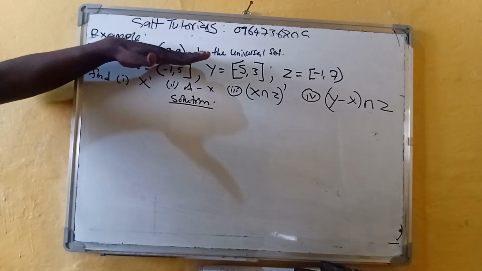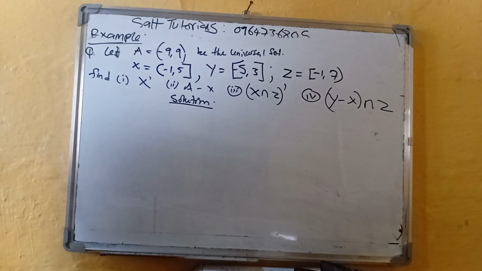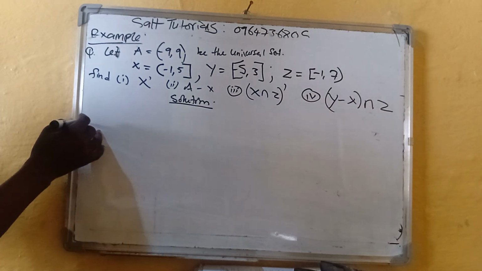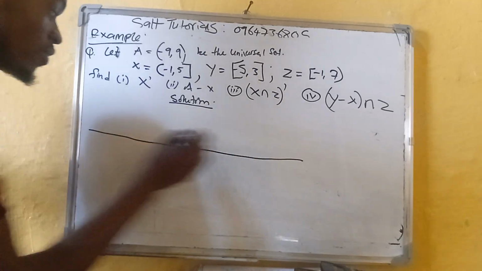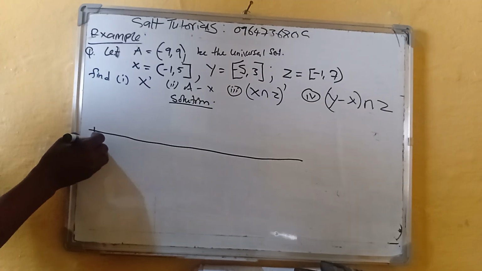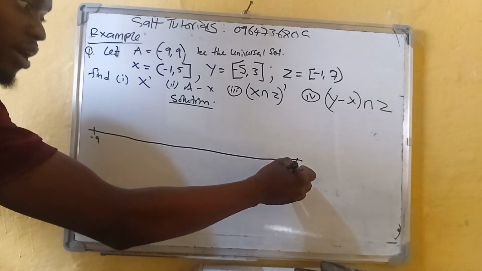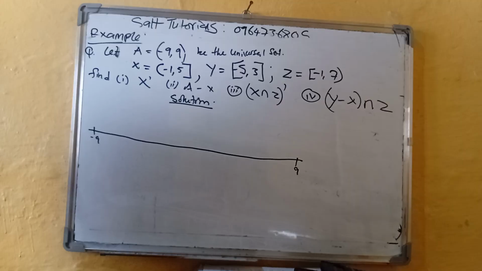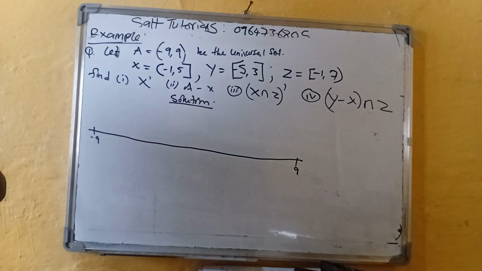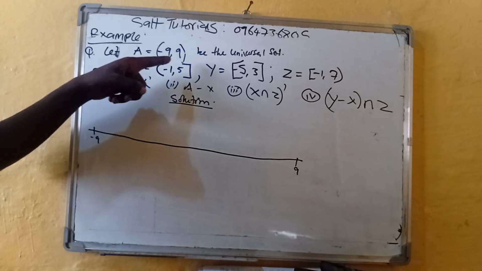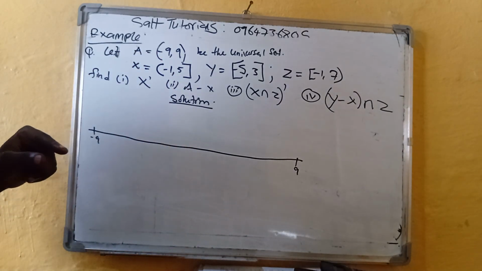All the values should be limited to this interval. So my real number line is going to be from negative 9 to positive 9. That's my universal set, because the universal here is basically A. In the previous lesson it was the real number line R, that is negative infinity to positive infinity. But with this one, the universal is negative 9 to 9.